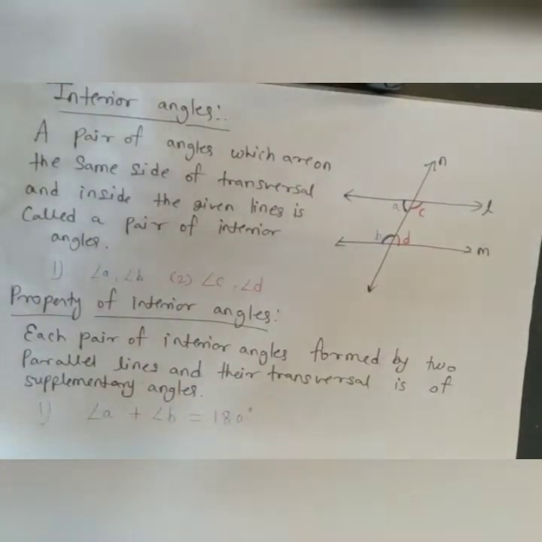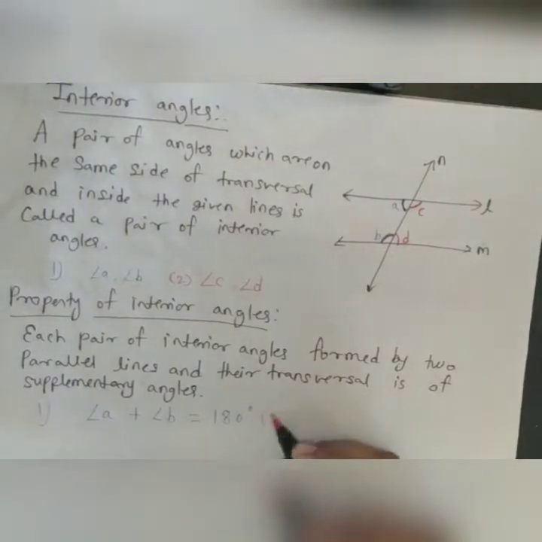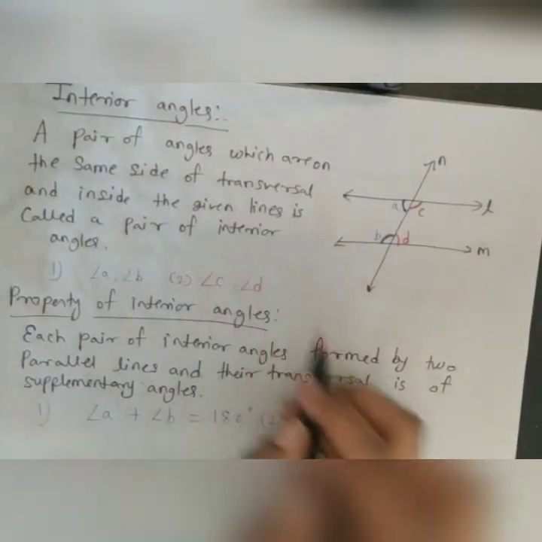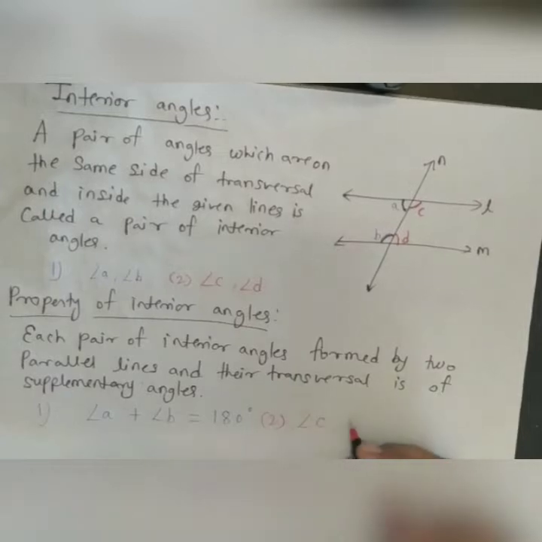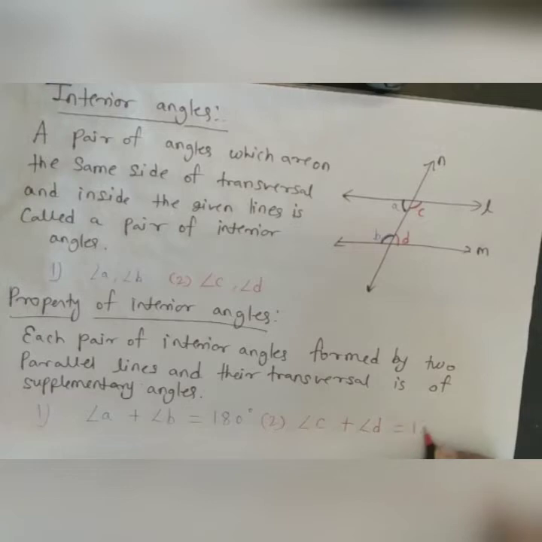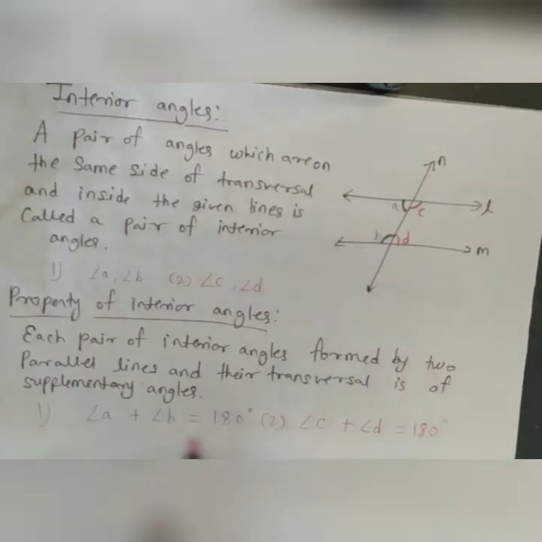This is the first one, and the second pair is angle C with angle D, meaning the sum of angle C with D is 180 degrees. This is the property of interior angles.